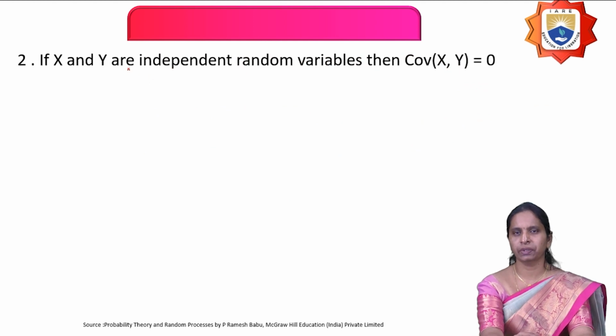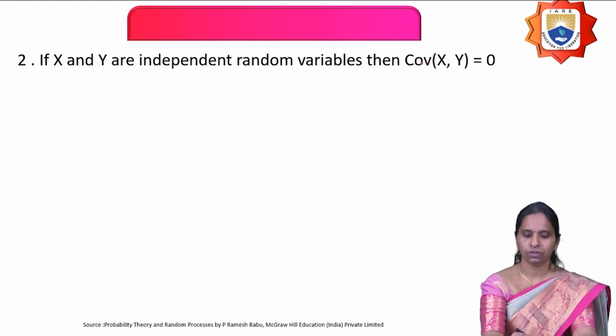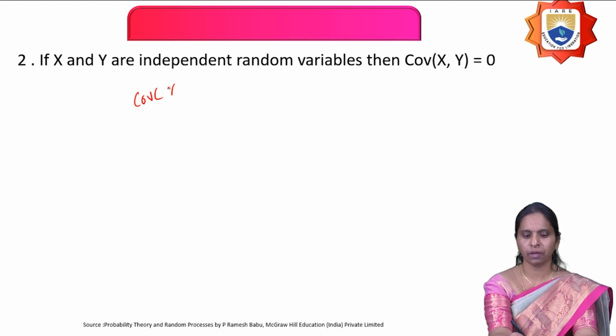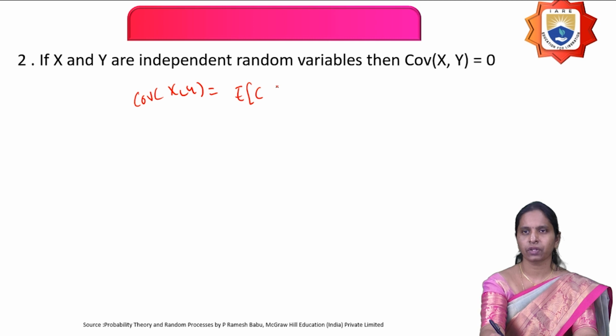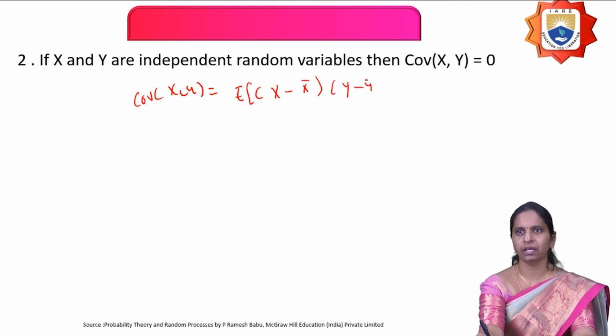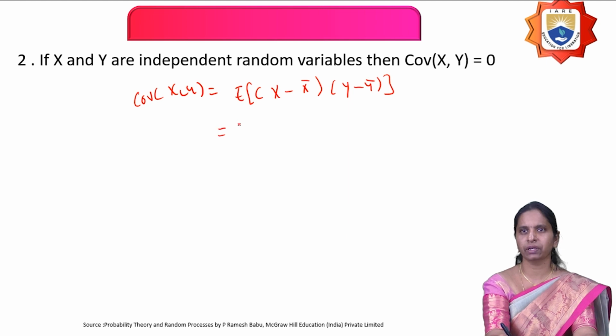And what is the second property here? If x and y are independent random variables, then the covariance of x comma y is equal to 0. What is the covariance of x comma y formula actually? Expectation of (x minus x bar) into (y minus y bar). If you simplify, you obtain E of xy minus x bar into y bar.